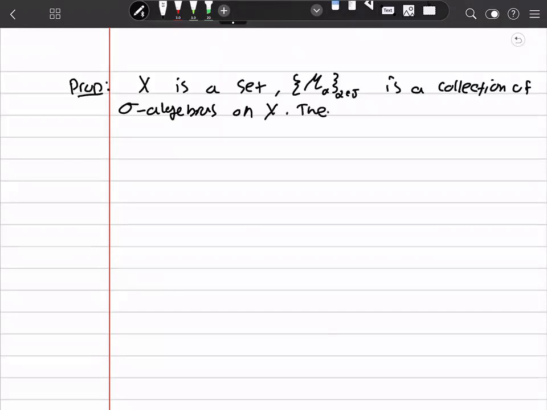Then the intersection is a sigma algebra on X. Okay, so this is an important small proposition because this will allow us to define what it means for a sigma algebra to be generated by a set.